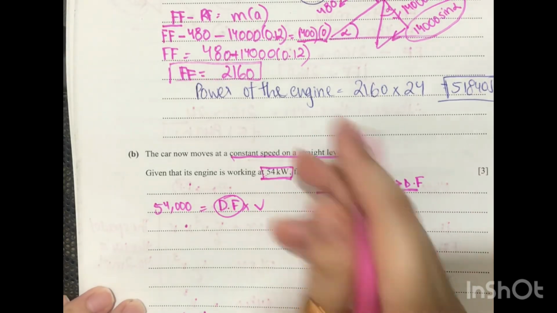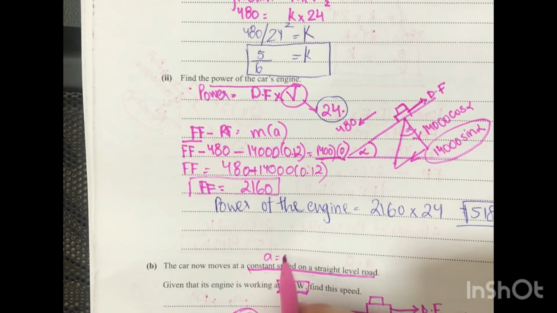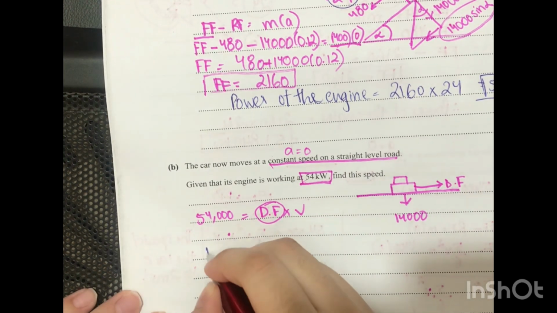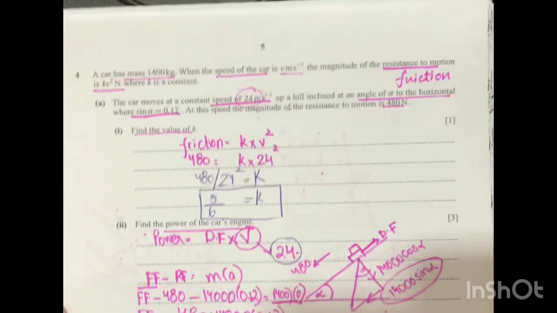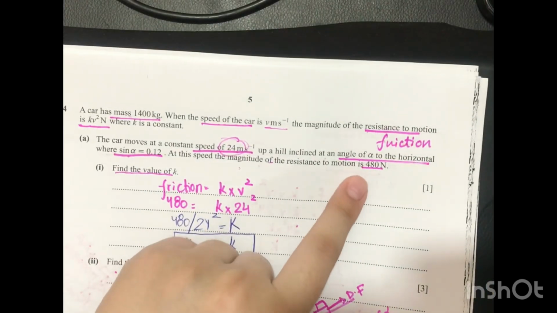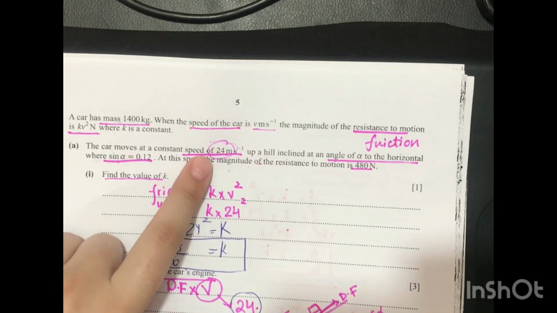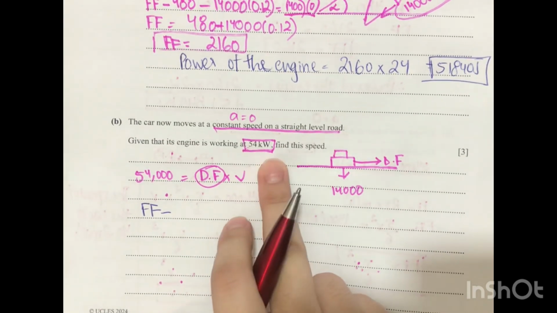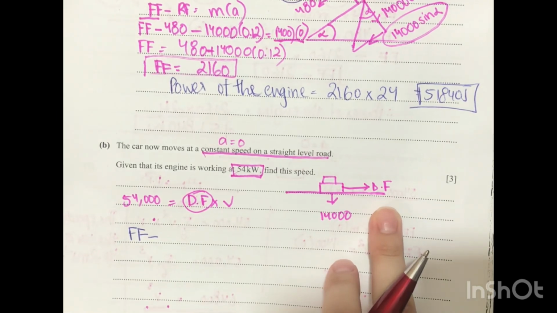Again, the acceleration is 0 since the car is moving at a constant speed. So the forward force, which is missing, minus the resistive force. Now we will not use the value of 480 because this was the resistance to motion only when the speed was 24. But now in part B, the car is not on that same hill. Now it's on a straight level road where the speed is not given to us.